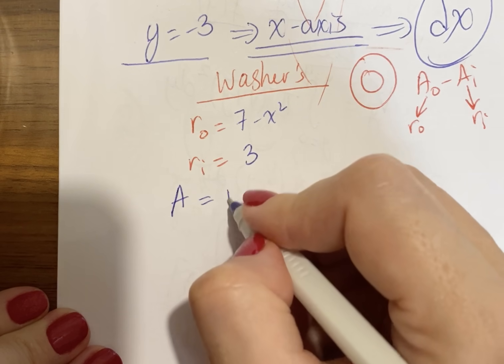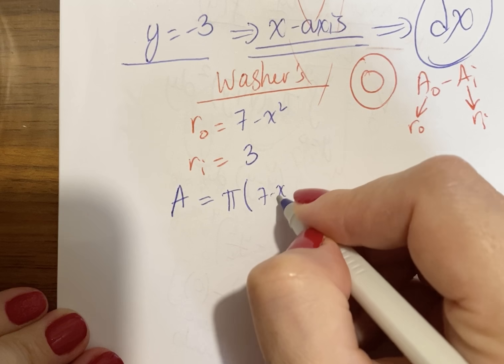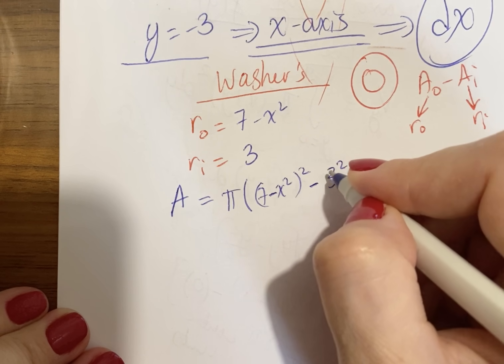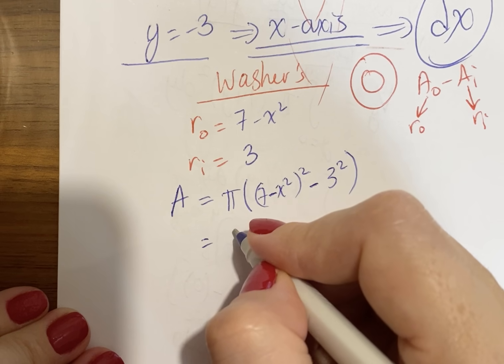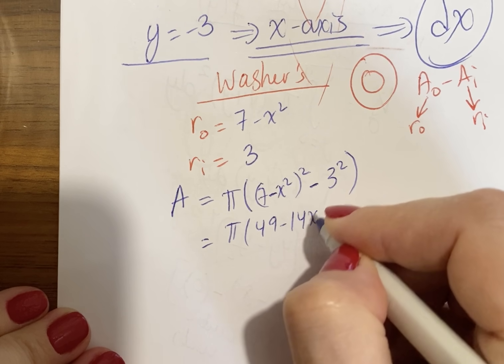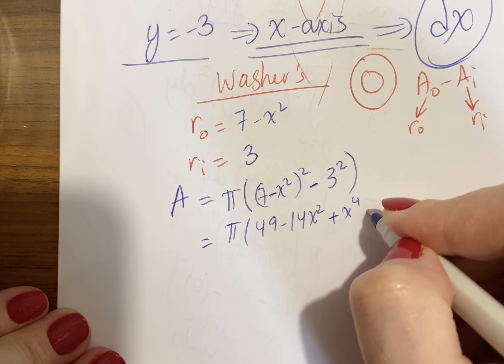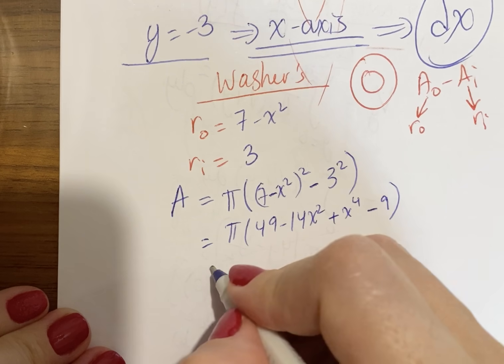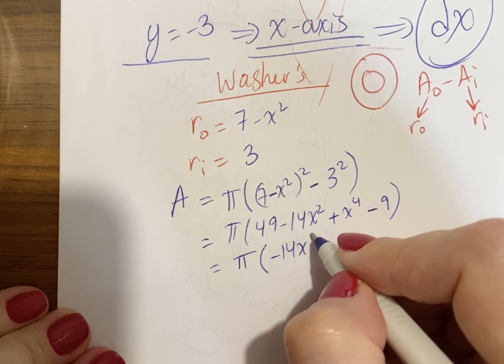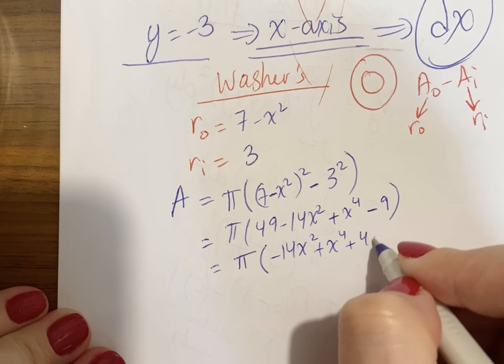The area of a donut is pi times the outer radius squared minus the inner radius squared. So it's equal to pi times (49 minus 14x squared plus x to the power 4 minus 9), which is pi times (40 minus 14x squared plus x to the power 4).